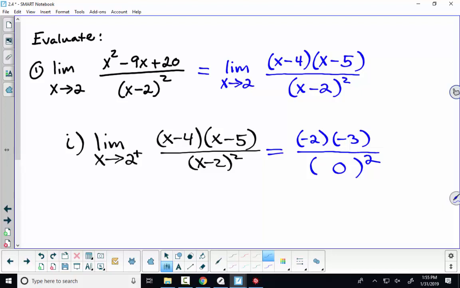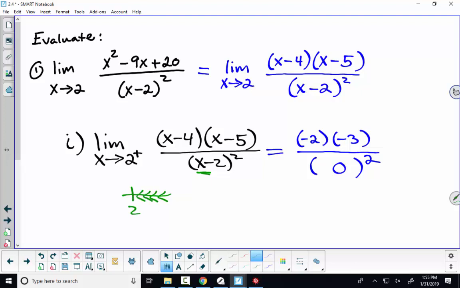When we take any value that's slightly larger than 2 and subtract 2 from it, it's always going to be a positive number. Sometimes, if you draw pictures, with these limits it could help.